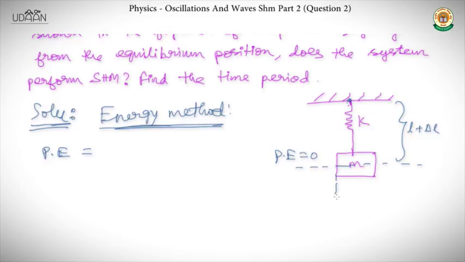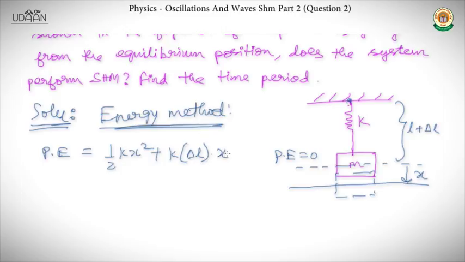If you move the block by a distance x from this equilibrium position, let's write the potential energy at this position. The potential energy will be half kx square for this motion from the equilibrium position to a position x, plus k times delta L into x, because there is already a spring force of k delta L acting on this body.